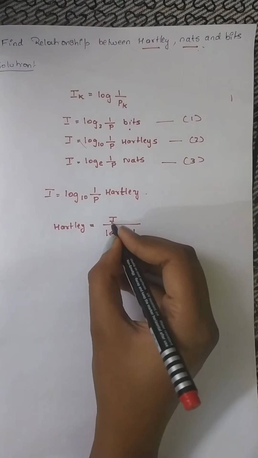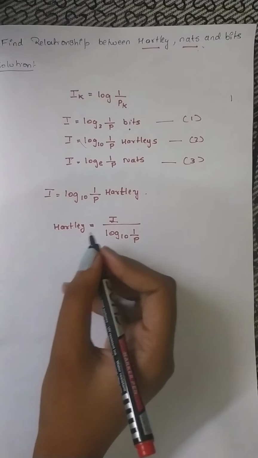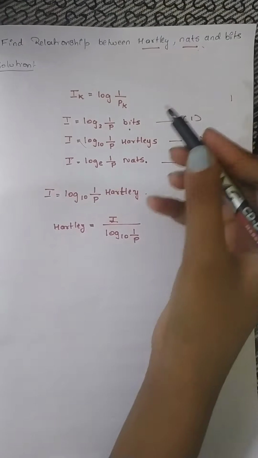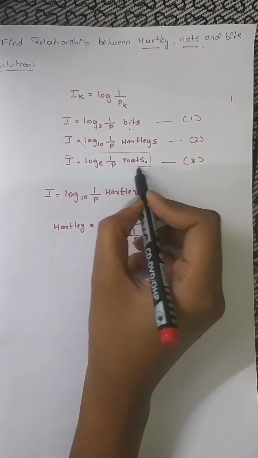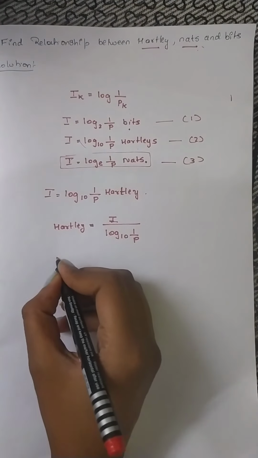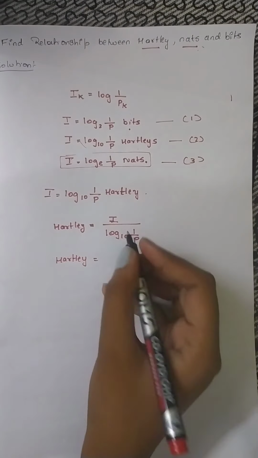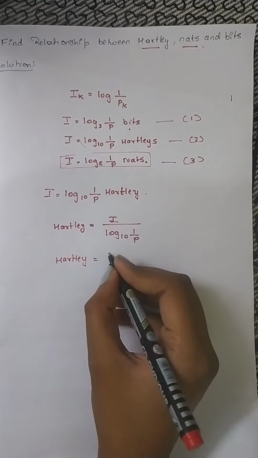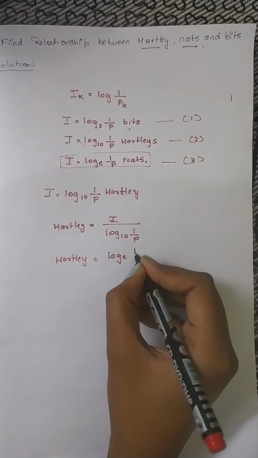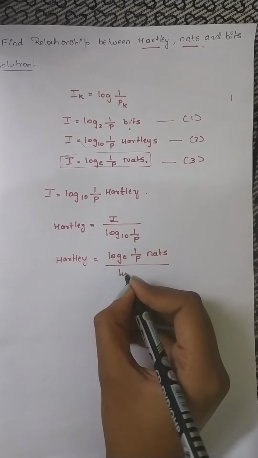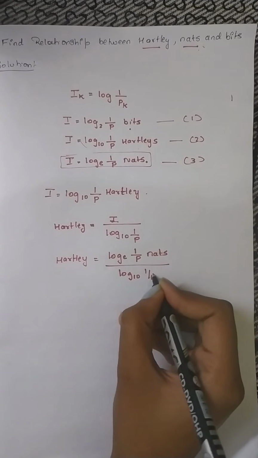Okay. Now I'll substitute I, first I'll do it for nats. So I'll substitute I with this equation. So I can write it as Hartley is equal to, for I substituting log to the base e of 1 by p, nats, divided by log to the base 10 of 1 by p.